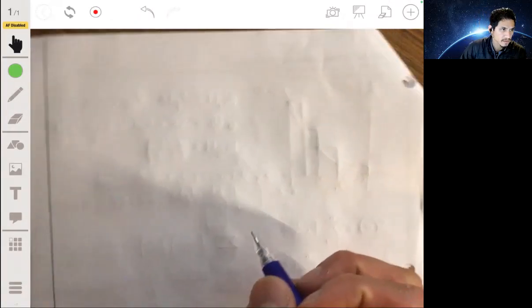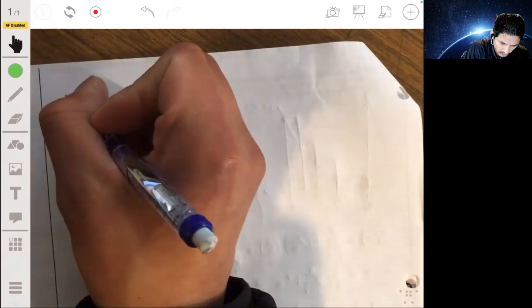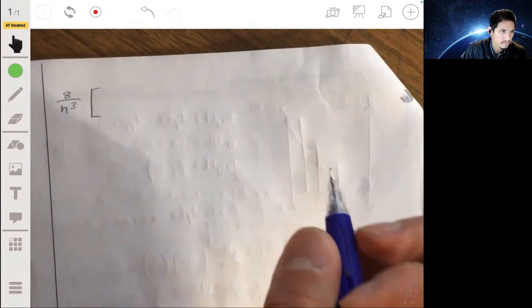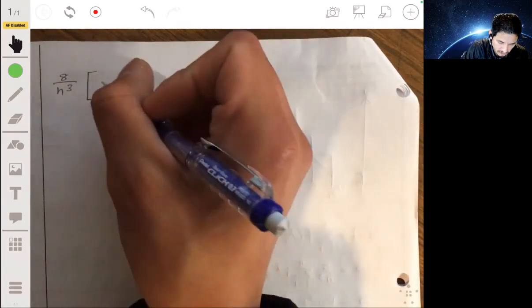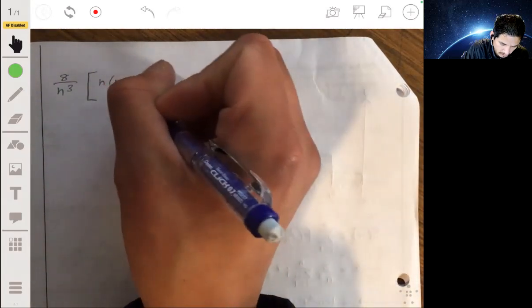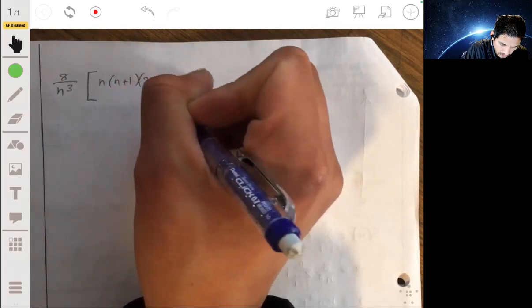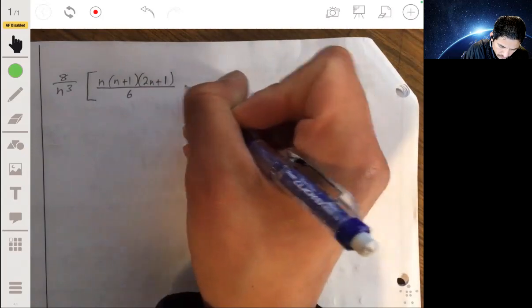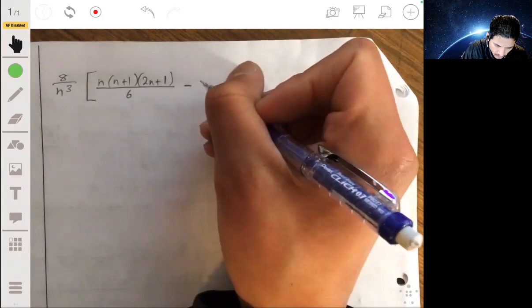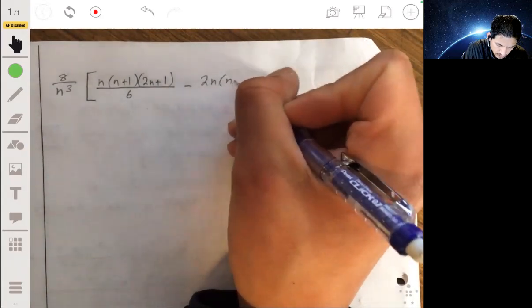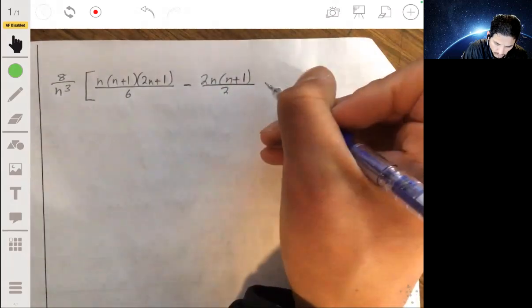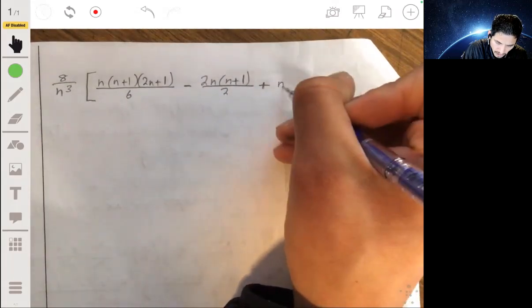So this will be equal to 8 over n cubed times, for i squared, n times n plus 1 times 2n plus 1 over 6, minus 2n times n plus 1 over 2, plus n.